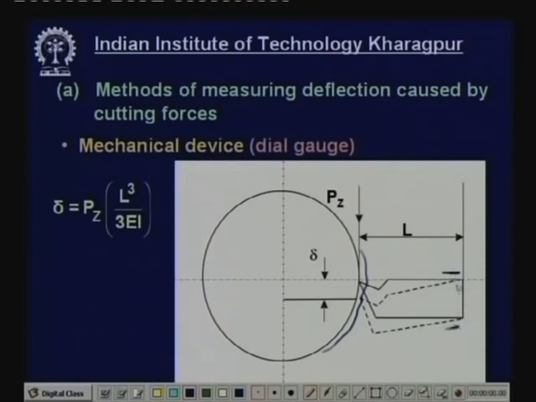The strain that will take place due to stress on the cantilever beam due to the force Pz will be proportional to the force Pz. So from the strain, which is proportional to Pz, we can measure Pz instead of delta. Therefore, where a large delta value is restricted, strain measurement is the process.